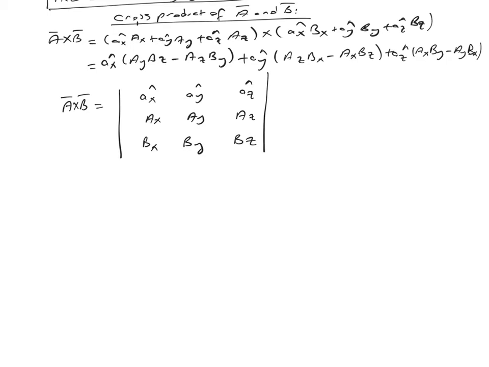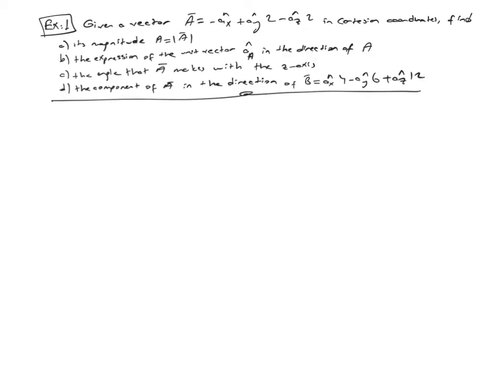And let's solve some examples. First example, we are given vector A in Cartesian coordinates, and first we are asked to find its magnitude. We know that dot product of a vector with itself gives the magnitude square.